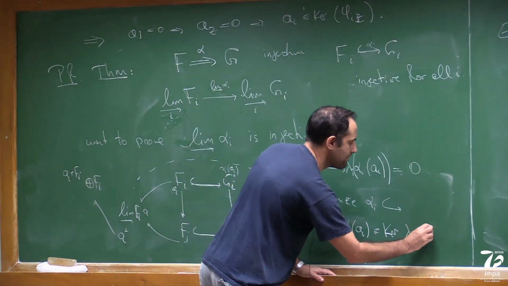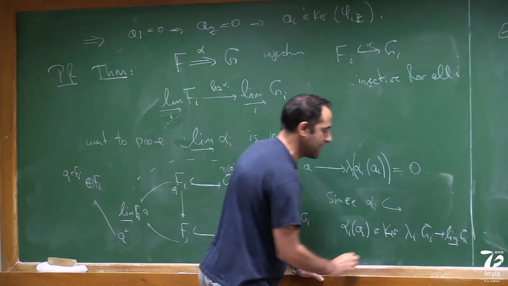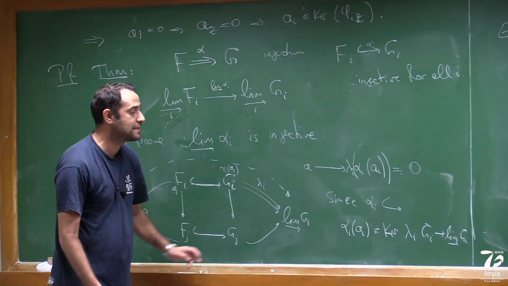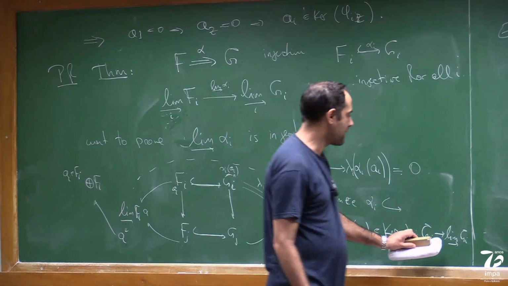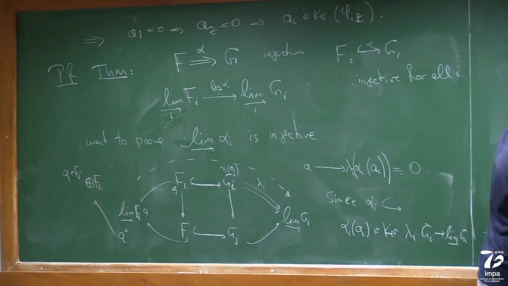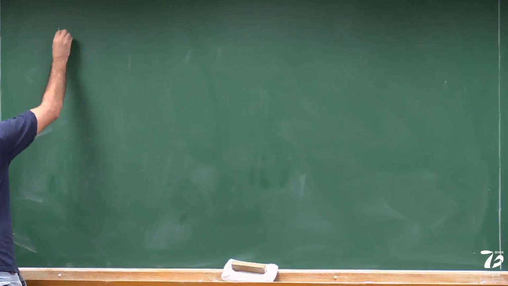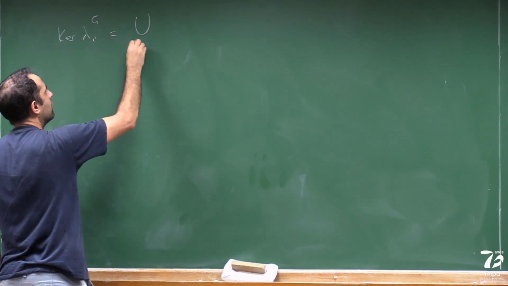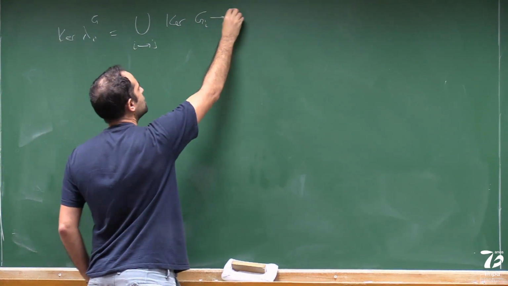Lambda I is the map from GI to that co-limit of the G's. And I just described what is the kernel from the object to the co-limit. The kernel is the union of all the kernels to some GJs. So remember, the kernel of lambda I for this functor G is the union over all arrows I to j of the kernel from Gi to Gj.